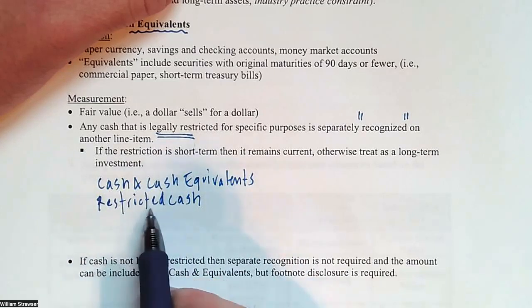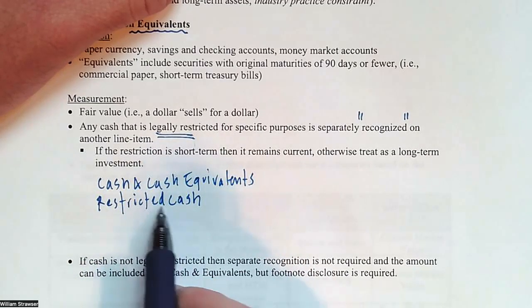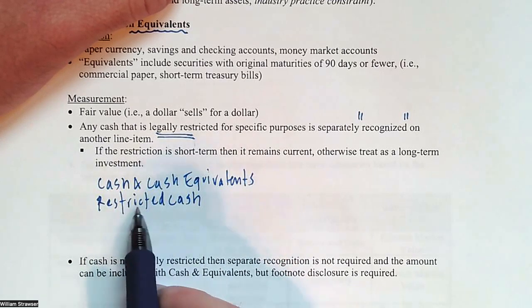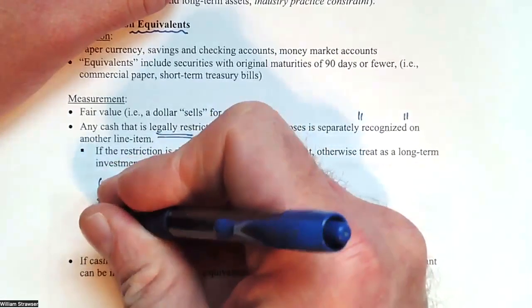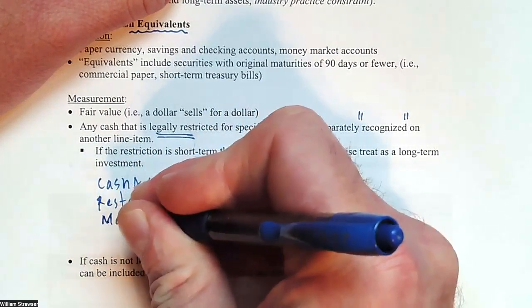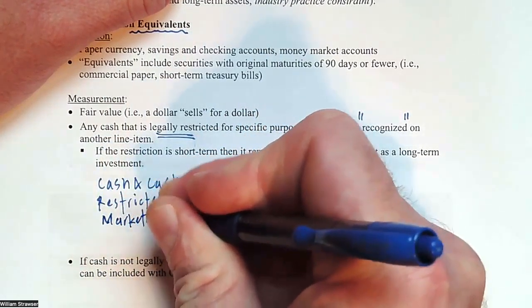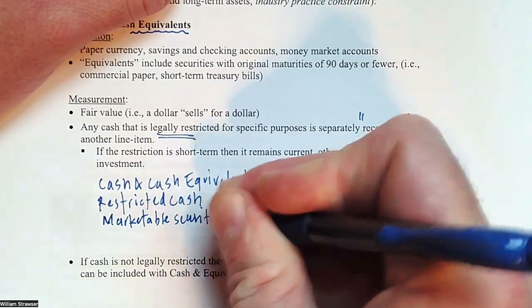This now tells me there's some cash that's not available currently, will come available in the current year, but until then, it's not free and clear to use. And then the rest of my current assets, as you saw on the front page, will follow: marketable securities, et cetera, all the way down.